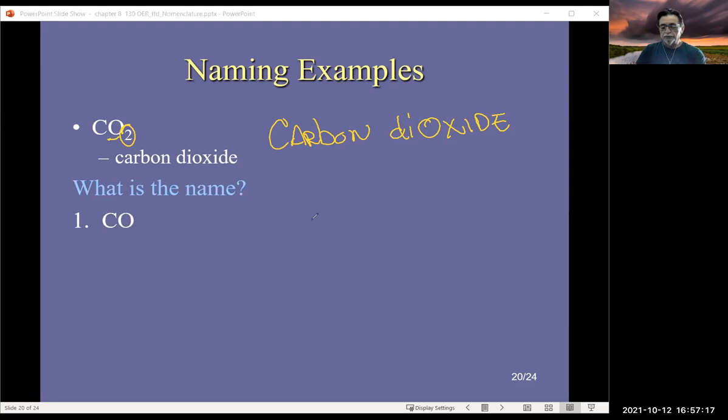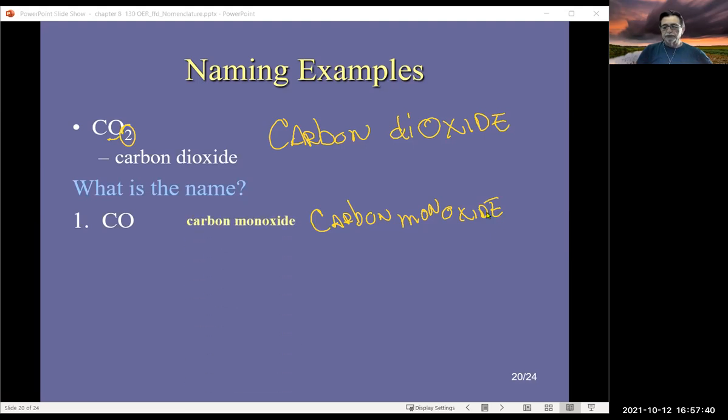First one is carbon, and then we have oxide, but we only have one. So here we use the prefix mono and take the O off of the mono, and you have monoxide.